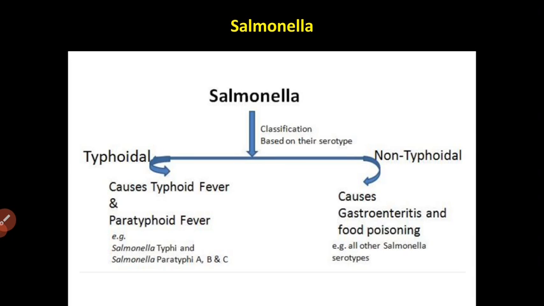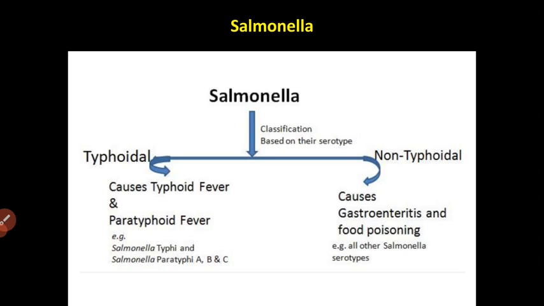See here. Salmonella is classified on the basis of serotype, either typhoidal or non-typhoidal. Typhoidal cases cause typhoid fever and paratyphoid fever. Examples are Salmonella typhi and paratyphi A, B, C. Non-typhoidal serotypes cause gastroenteritis and food poisoning.